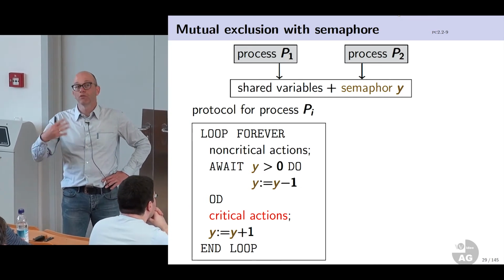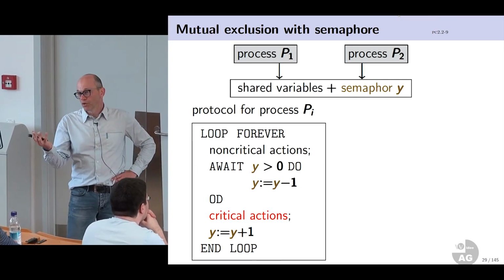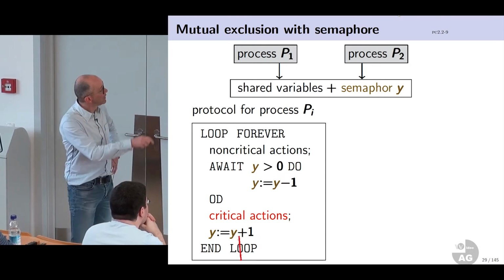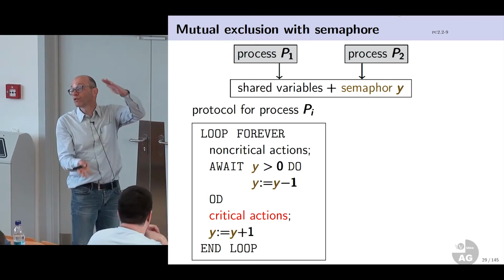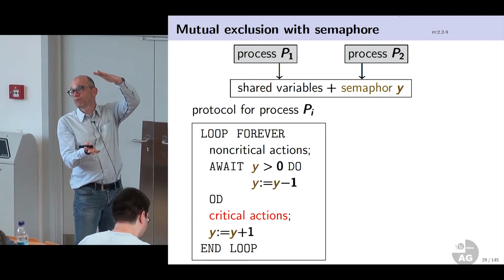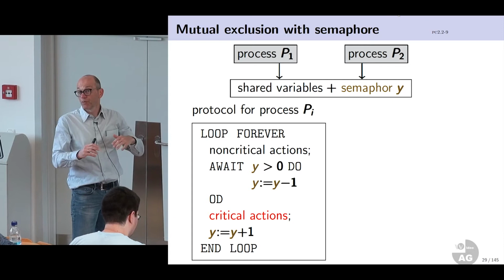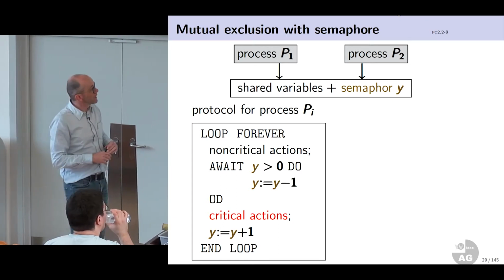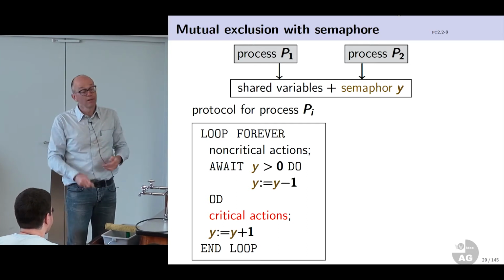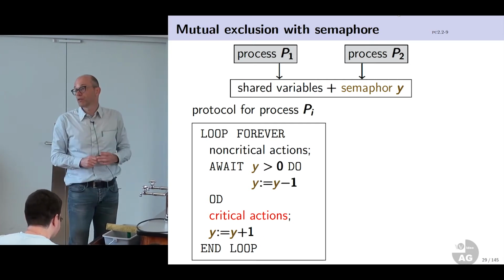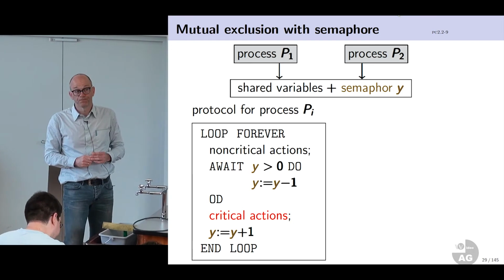Now we can do our modifications of the shared variables, and this is symbolically given as the critical actions. These can be a whole block of assignments on the shared variables. And at some point, when you are done with all the modifications of the shared variables, you free the semaphore, and freeing the semaphore means you increment Y by 1. Okay?